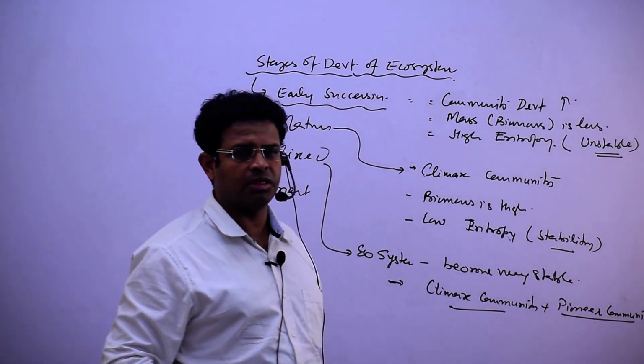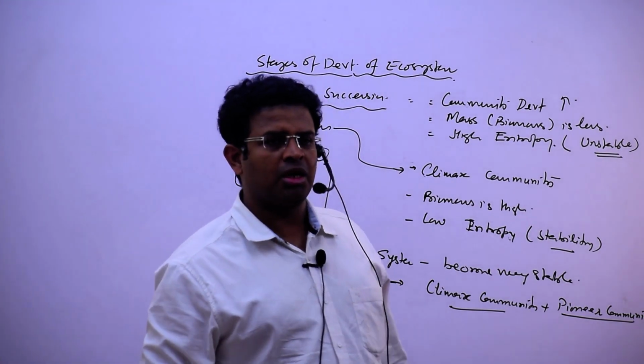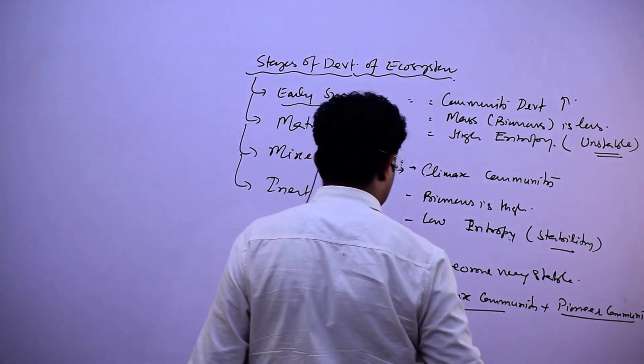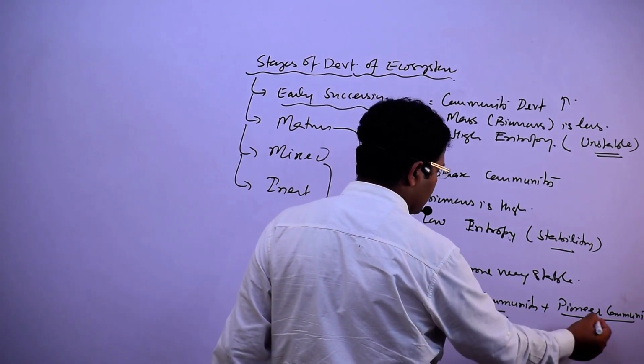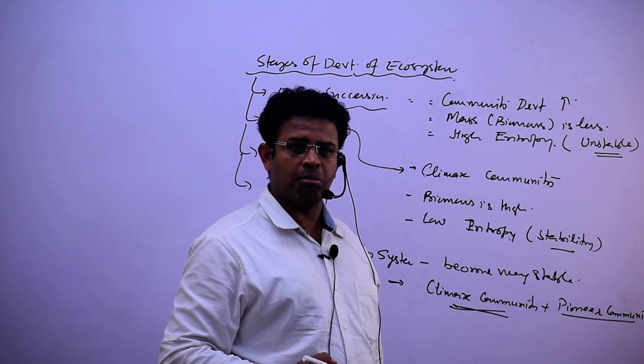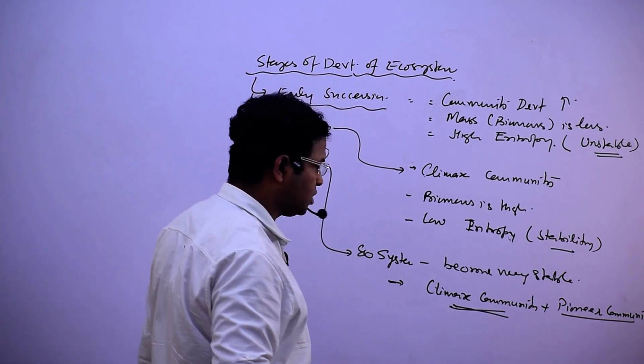Which are existing? Climax community and early succession. Both are existing. It is known as matured, mixed ecosystem.